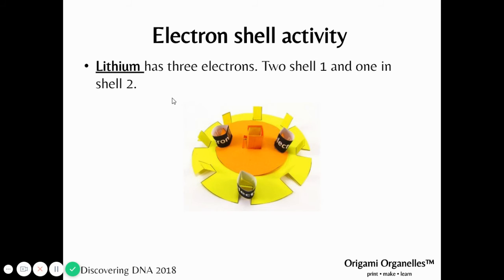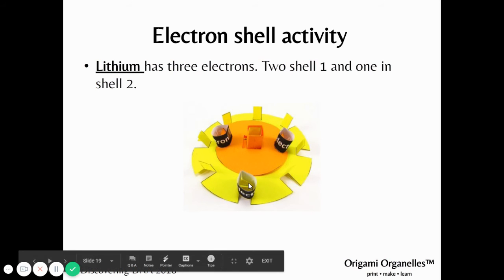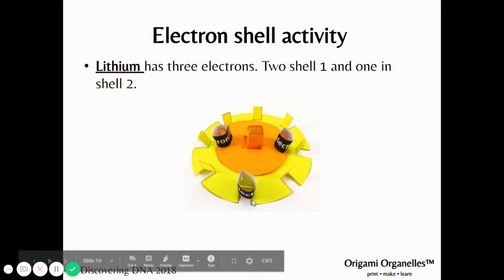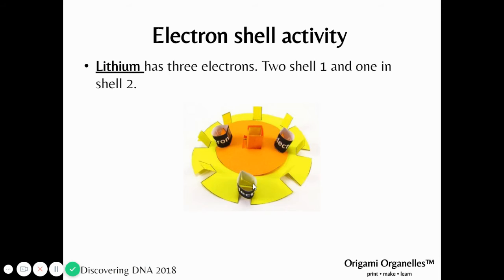So this is lithium. Lithium has 3 electrons, and like I mentioned, the shell 2 is only holding 1 electron. Now notice that all of these electron spaces being open and having only 1 valence electron makes lithium a very reactive element. It's the one that we find on the far left side of the periodic table.